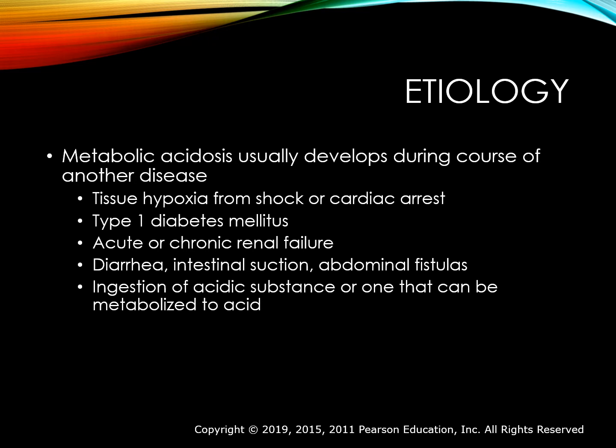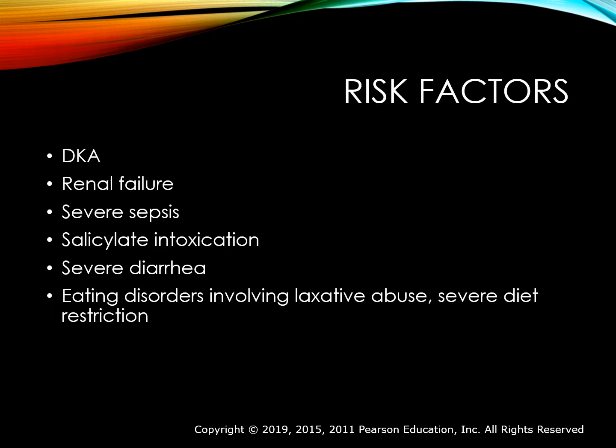Diarrhea, intestinal suction, and abdominal fistulas also increase the risk for excess bicarbonate loss. Ingestion of an acidic substance or a substance that can be metabolized to an acid, like the aspirin they were talking about earlier.